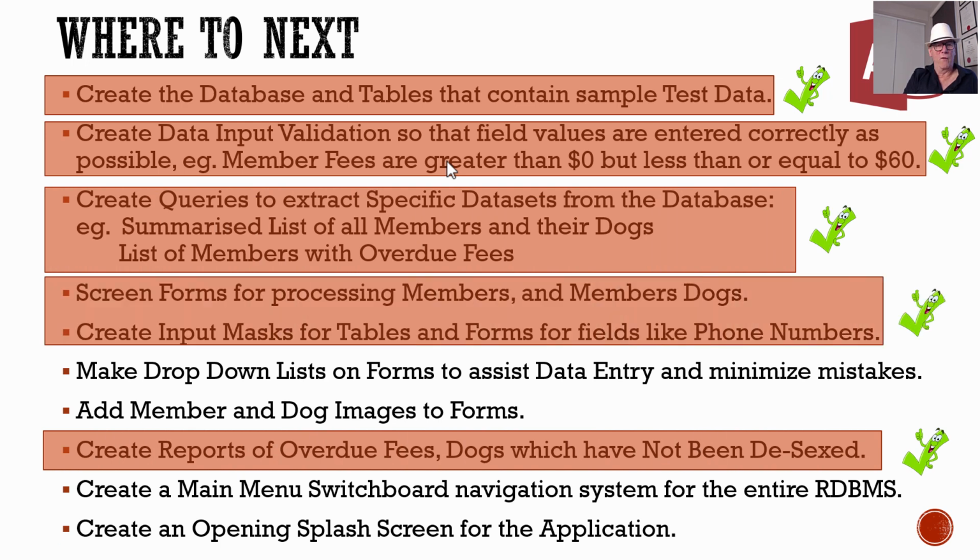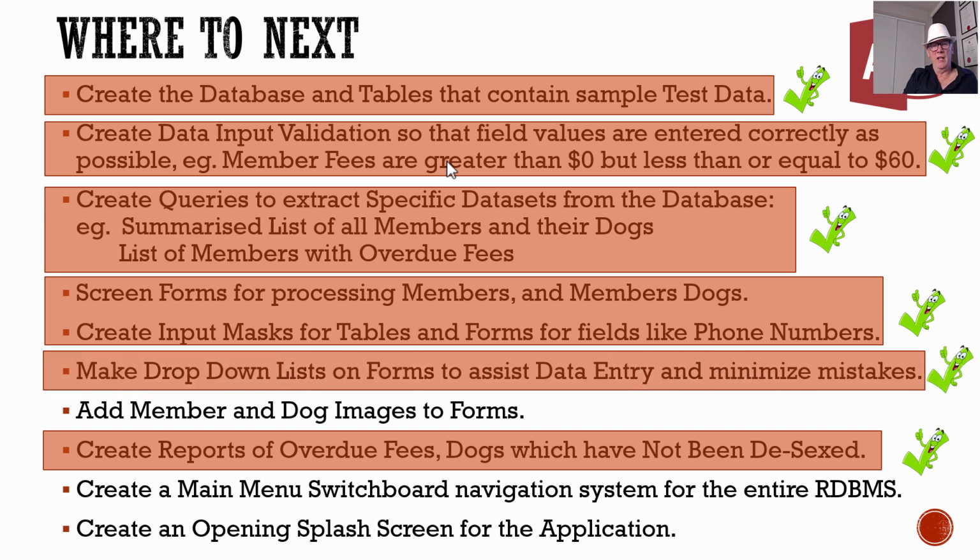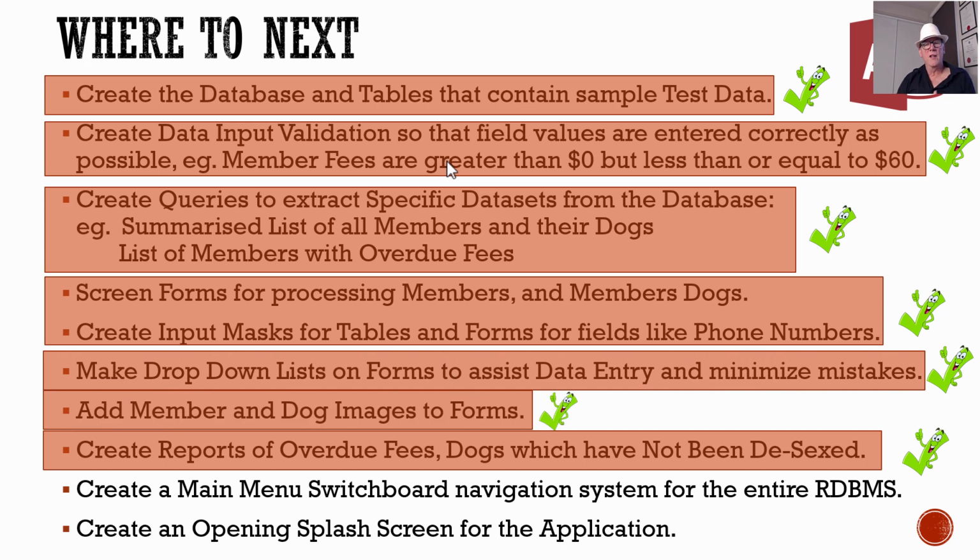Then we made our basic forms and checked that the masks and formats on them were okay. Then we did drop-down lists in the previous lesson. Then we added our pictures on in this lesson. So finally our forms are finished. Usually a screen form does take the longest to work on in the database to get it looking really good. So we've only got 2 things to go, so we're nearly all the way there.